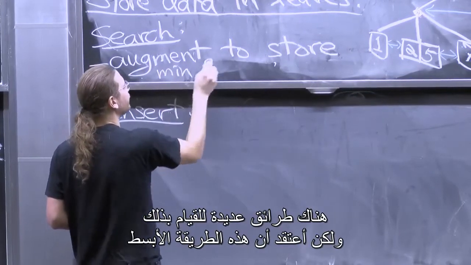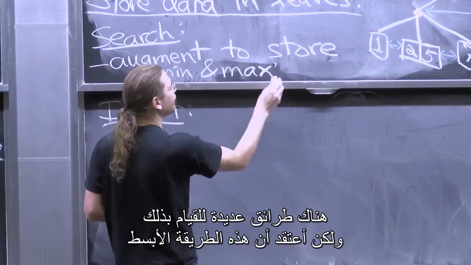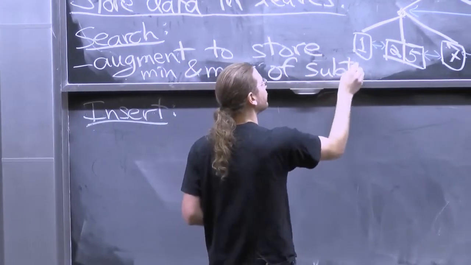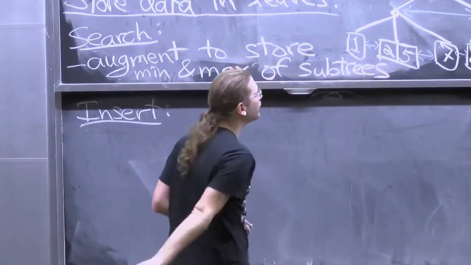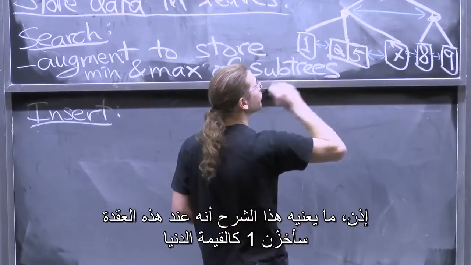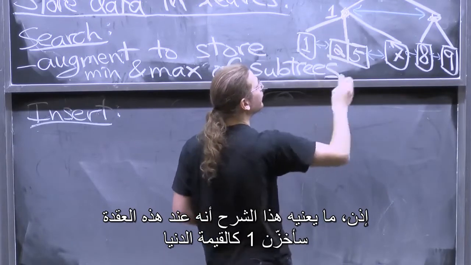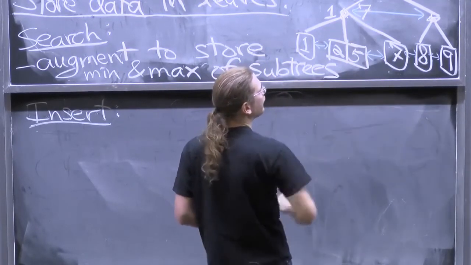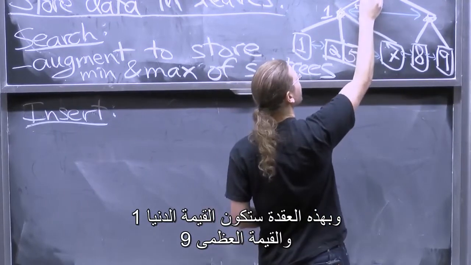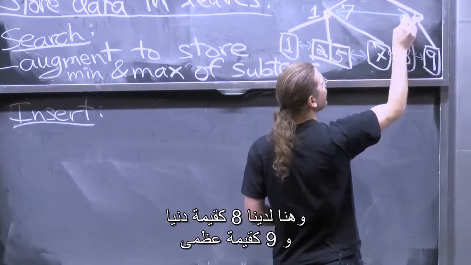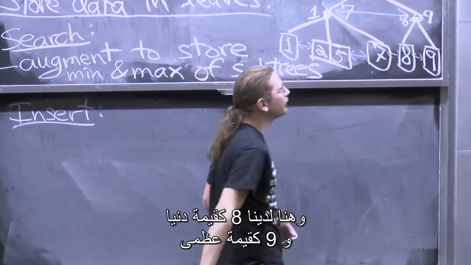There are many ways to do this, but here I think this is kind of the simplest. So what that means is at this node, I'm going to store 1 as the min and 7 as the max. And at this node, it's going to be 1 as the min and 9 as the max. And here we have 8 as the min and 9 as the max.